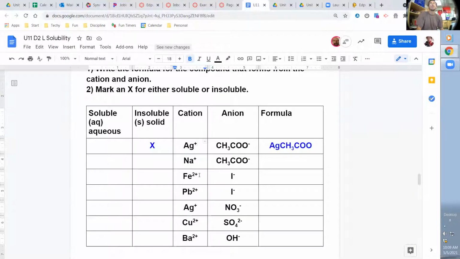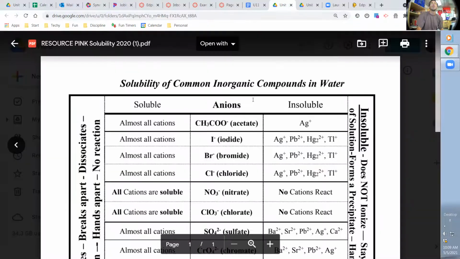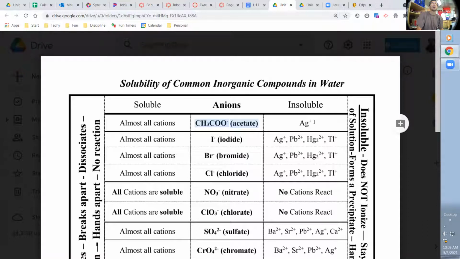Okay, let's do the next one. Sodium acetate. The directions are to look at the anion first on the solubility chart and then analyze the cation. So right here, we're working with acetate. And if we look over in the insoluble column, sodium is not located there. But in the soluble column, it says almost all cations, and that's including sodium.